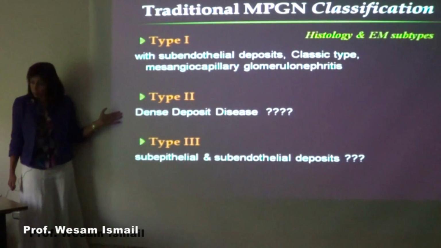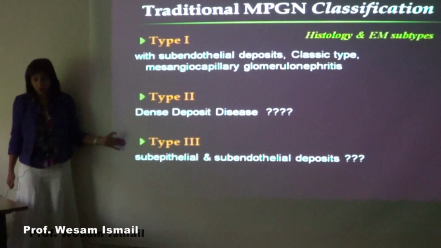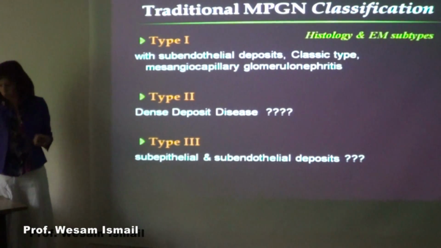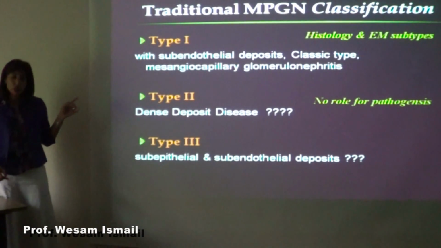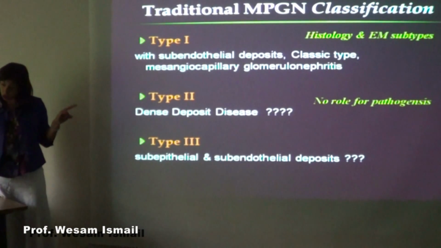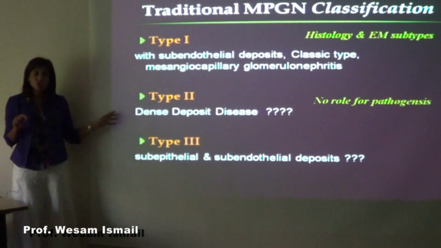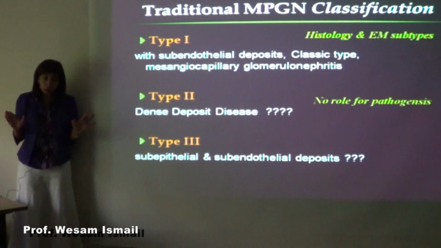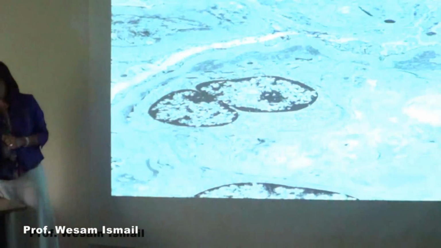Then we have type 2, which is known as dense deposit disease. And then we have type 3, membranous peripheral glomerulonephritis, which has subepithelial and subendothelial deposits, and we all know this classification. This classification is based on histological light microscopy and electron microscopy subtypes, and it has no consideration for pathogenesis of the diseases. It classifies membranoproliferative this way.